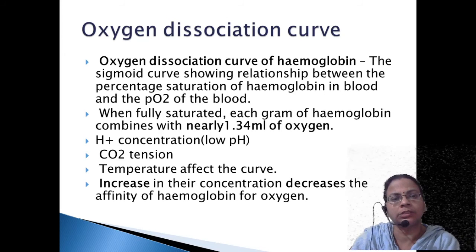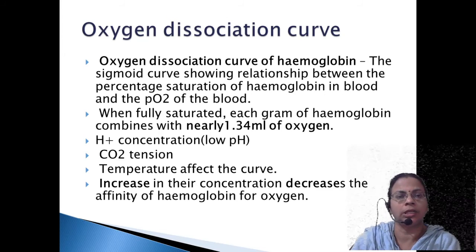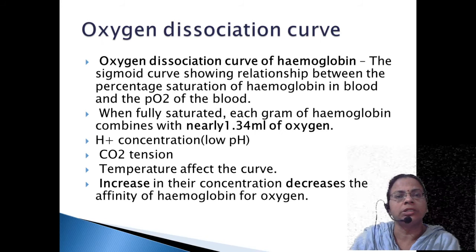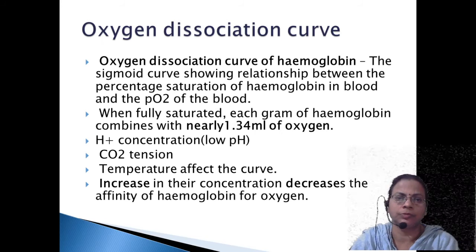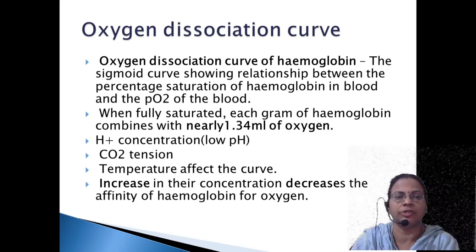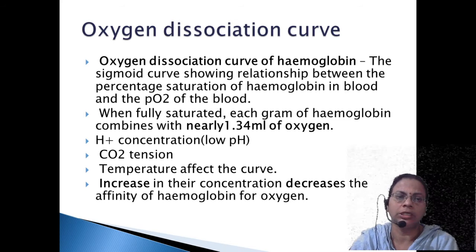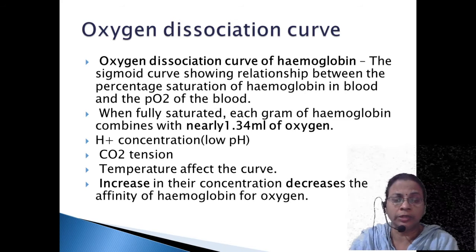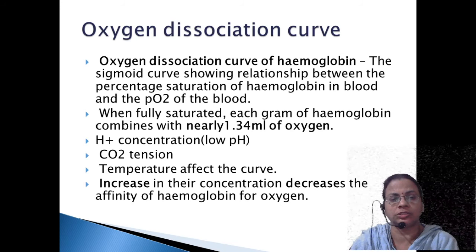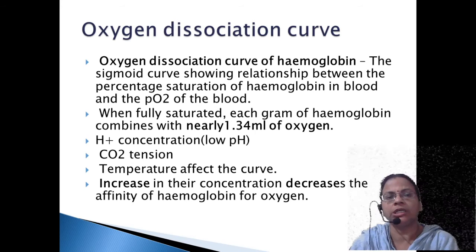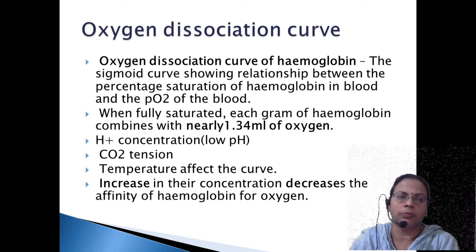The next topic we are going into in detail is the oxygen dissociation curve. Oxygen has a very high affinity to bind with hemoglobin and form oxyhemoglobin. Whenever the partial pressure of oxygen is high, it will immediately bind with the hemoglobin.